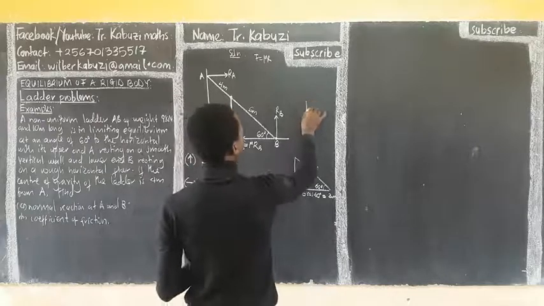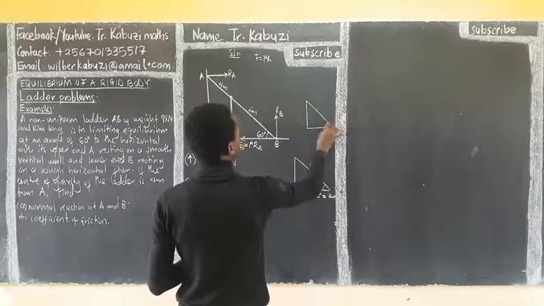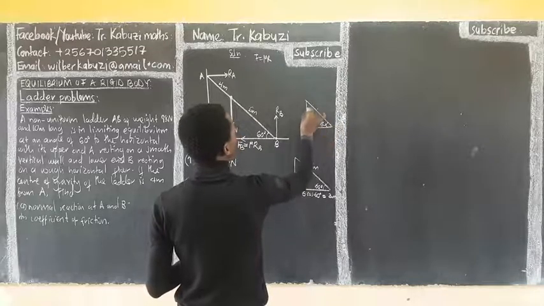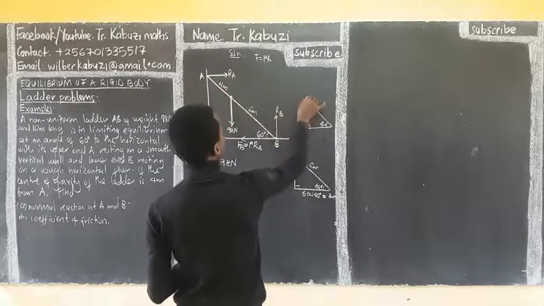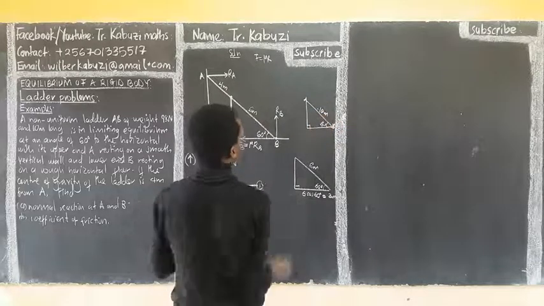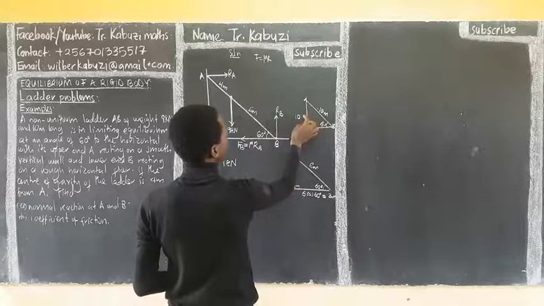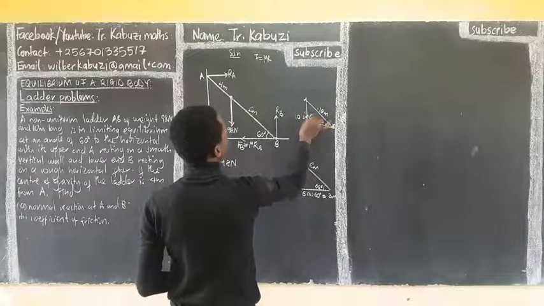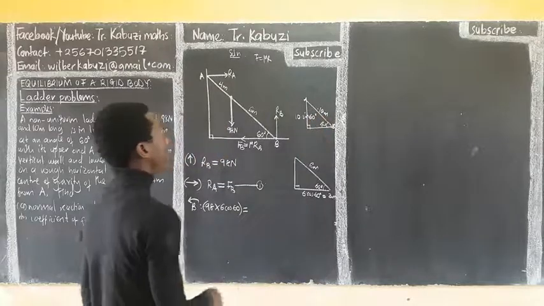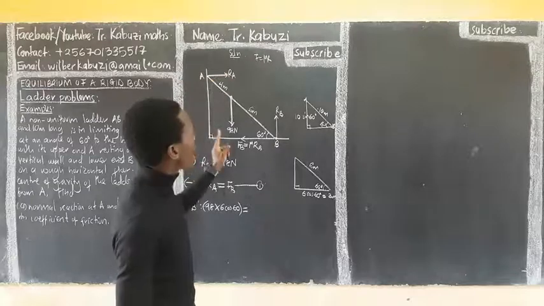So if I consider this, if this is my 60 degrees, from here up to here, this is A to B, 10 meters. I need this, so this is the opposite: 10 sine 60 degrees. I don't need the cosine because this force is horizontal, so its perpendicular distance has to be vertical.